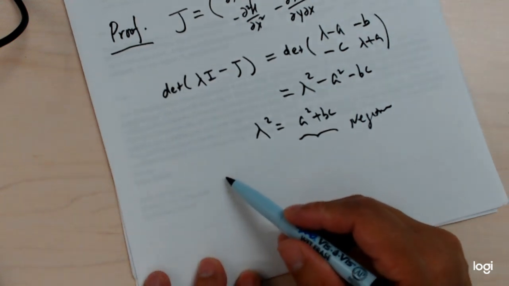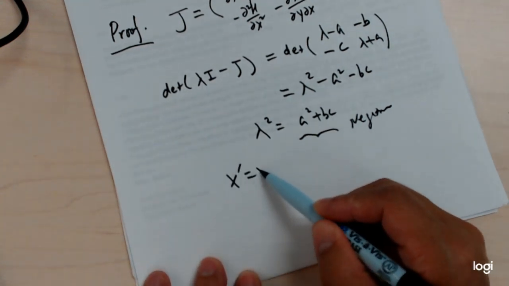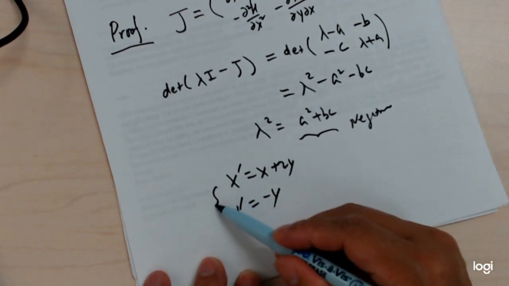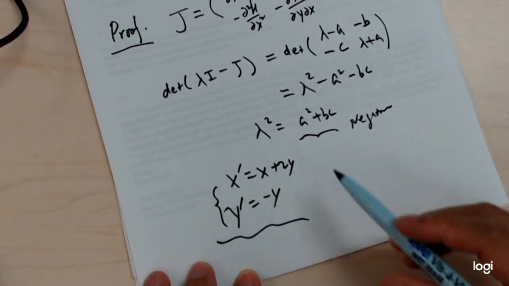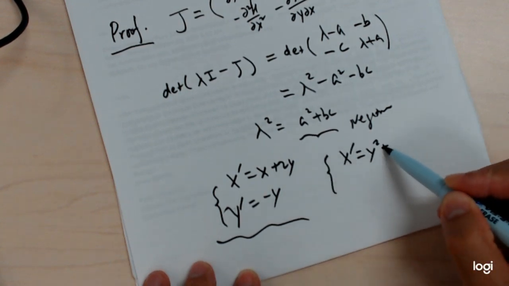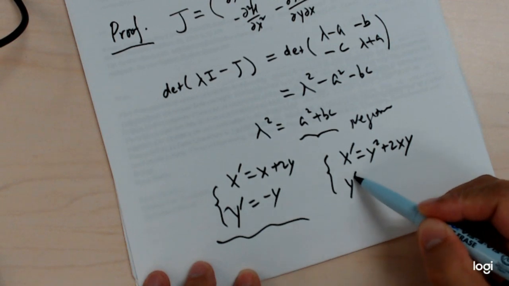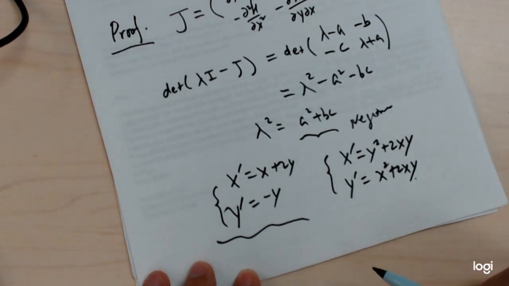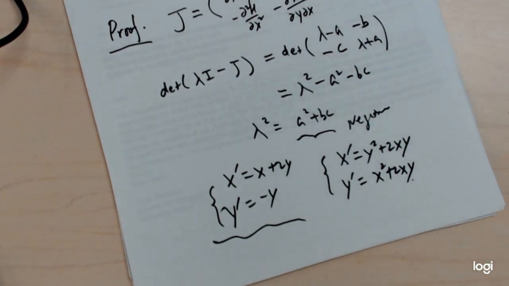So write down the following problems. Is this a Hamiltonian or gradient system? How about this? The condition I already gave to you, so try this out.